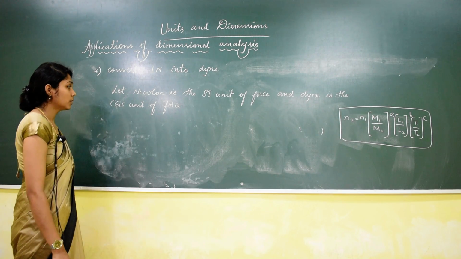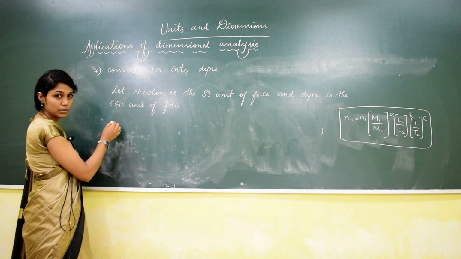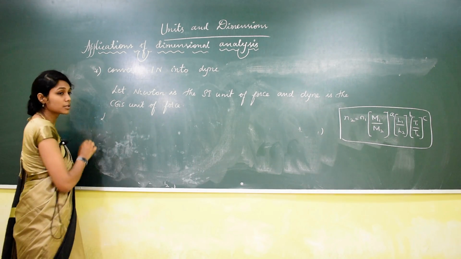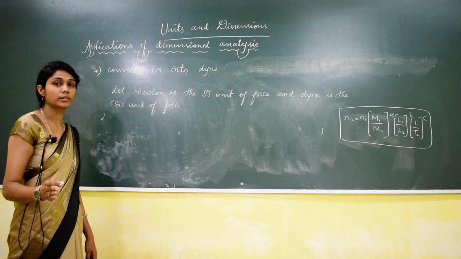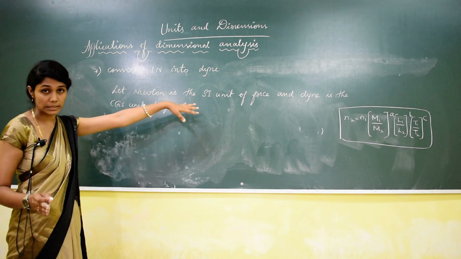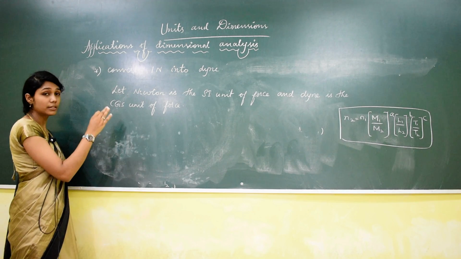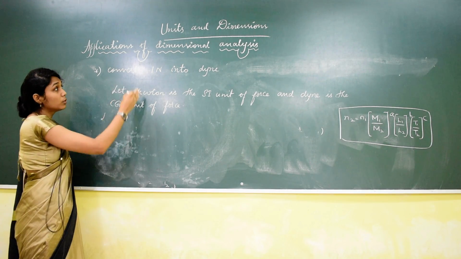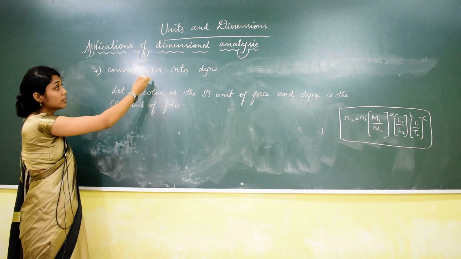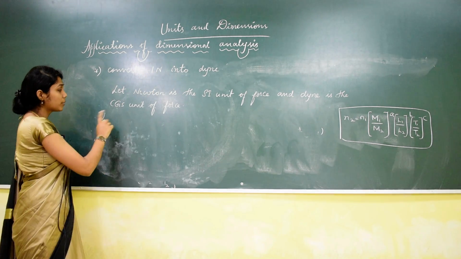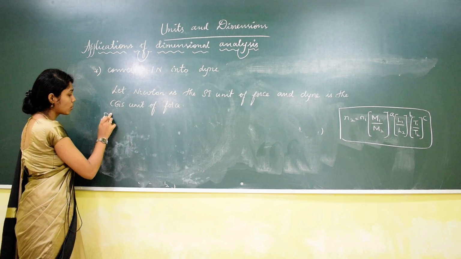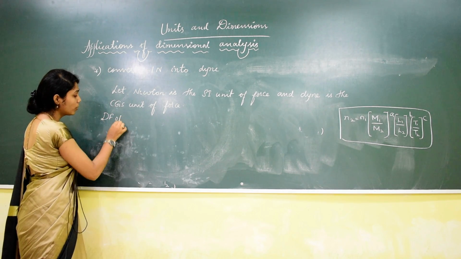So now first let me write the dimensions of force here, because by using dimensions only I am going to convert a given physical quantity, that is 1 Newton into dyne. So first I have to write the dimensions of force, because the unit of force is Newton. So I am writing the dimensional formula of force.